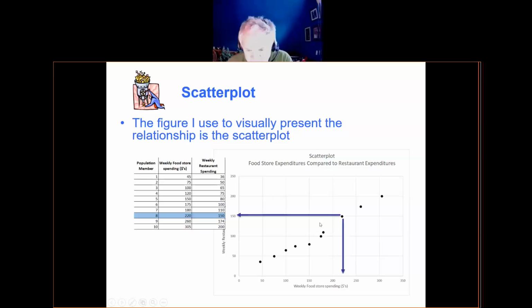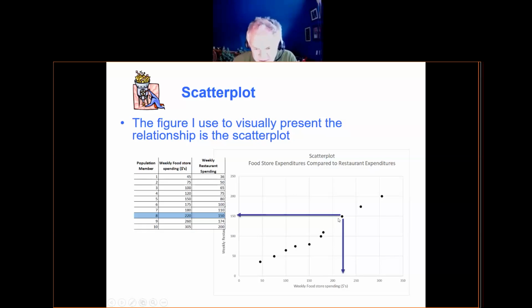That's that person's point, and Excel or SPSS will generate this for you. If I go straight down from this person to the horizontal axis, it says that person spent $220 at the grocery store.